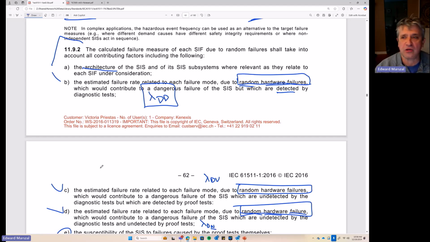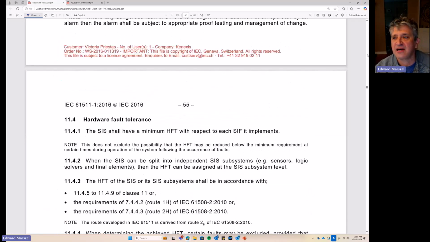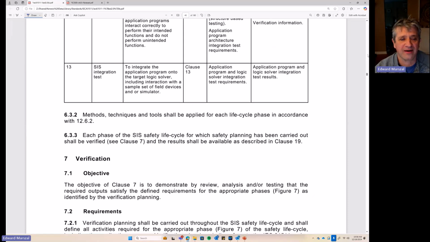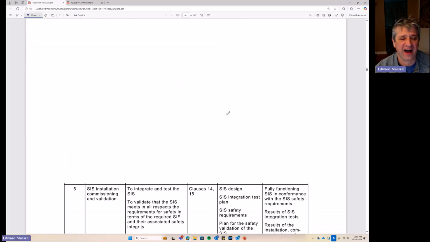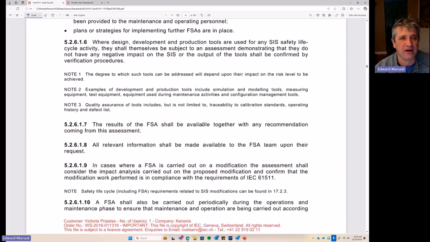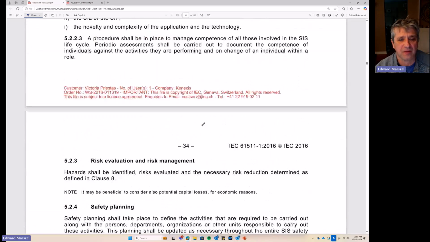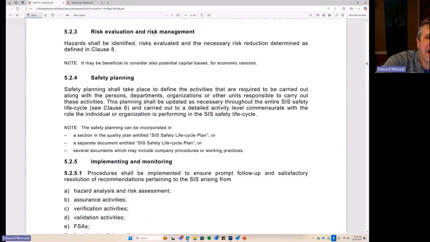Where do we deal with human failures? We deal with human failures in clause number 5. So when I go back to clause number 5, what is clause number 5? Clause number 5 is management. So we're going to manage human failures and not run calculations on them.